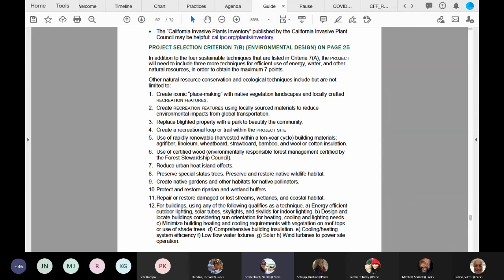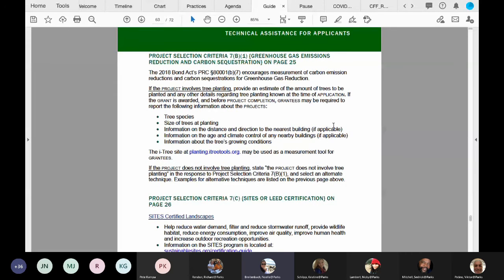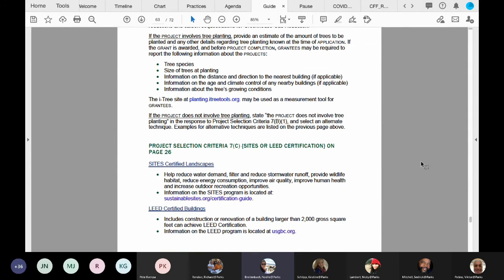On page 61 of the guide are some additional resources for greenhouse gas emission reduction and carbon sequestration. And the bottom of page 61 is information about that CITES or LEED certification, again, as your alternative for answering 7A and 7B. So again, if you have any questions, please use that chat feature.